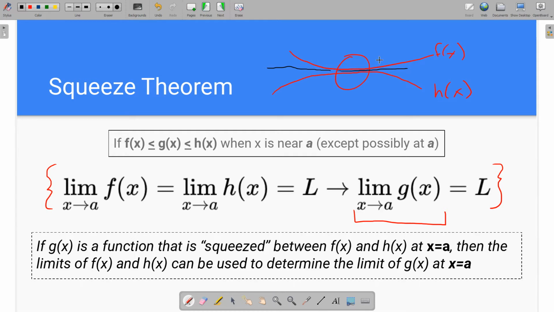Then we can look to see what's happening at f of x and h of x to evaluate g of x. It's a pretty niche topic, like I said. It comes up later on in some facets, but that's essentially all you need to know right now: sometimes a function can be squeezed between two other functions, and we can use that information to help us figure out what the limit is.